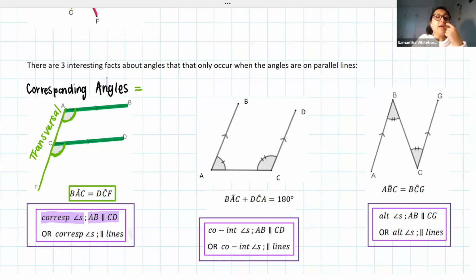One of them is that sometimes your diagram has multiple parallel lines, and so you need to be specific about which pair you are working with. It's also to identify which lines you're working with, and so which angles you're referring to. If you don't have labels on your parallel lines, all you have to say is just parallel lines. So if you can't specifically say AB is parallel to CD, just write parallel lines, you're sorted.